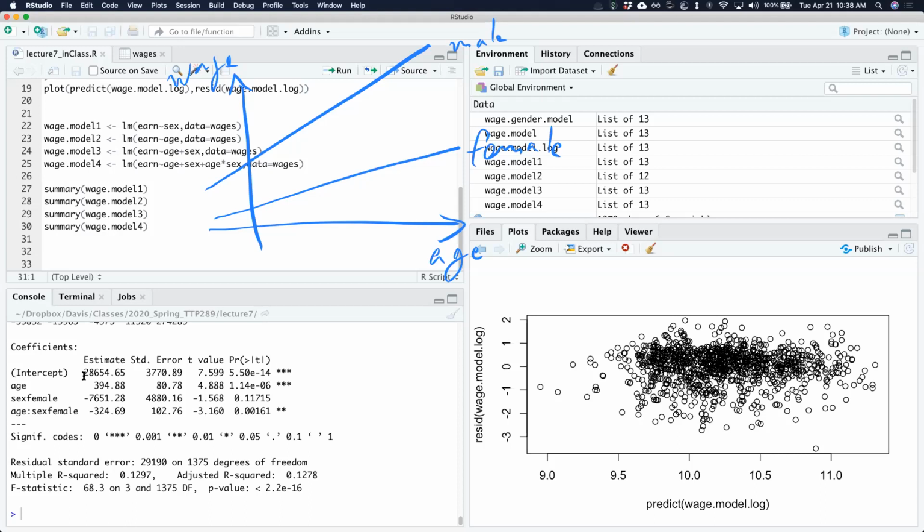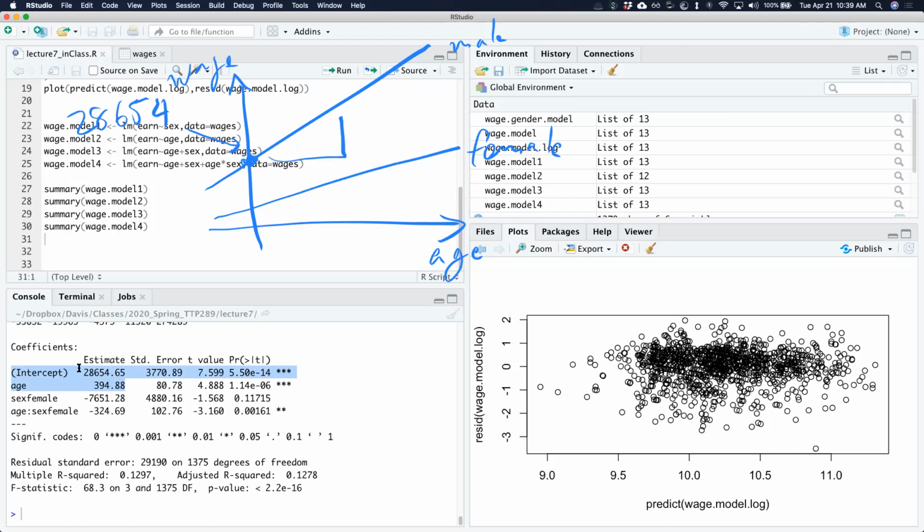So the base value is the easiest one to interpret. It's just as written, right? And so the base value is for the male, and so our intercept for male here is 28,654. So this point right here would be 28,654, and then our slope is 394.88.